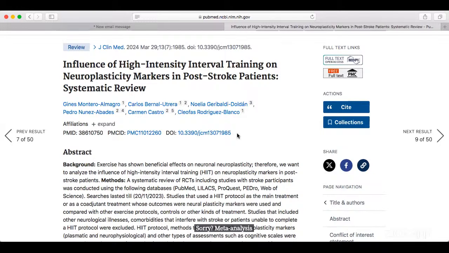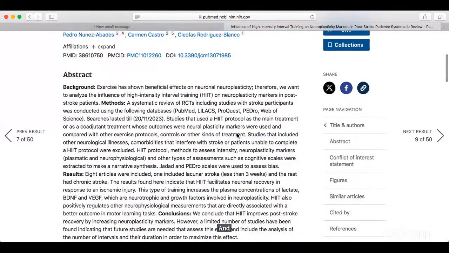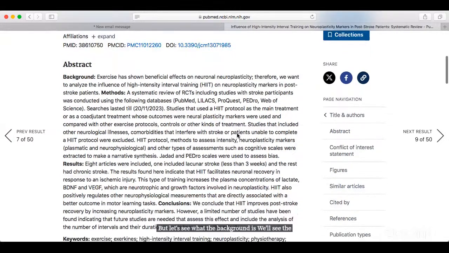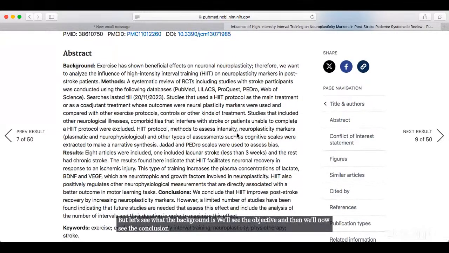The next is systematic review. And therefore, this is something that I would want to apply on my patient. But let's see what the background is. We'll see the objective, and then we'll see the conclusion. That will determine whether we even need to go into the methodology and the results to see what we can extract to apply on our patient.